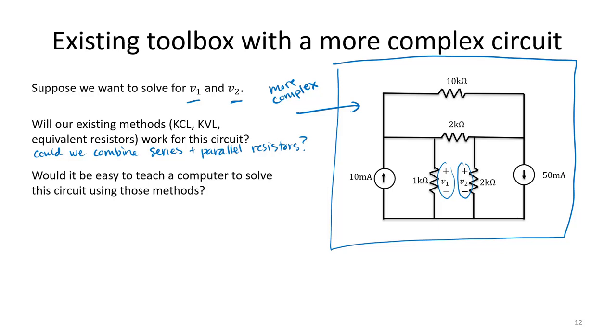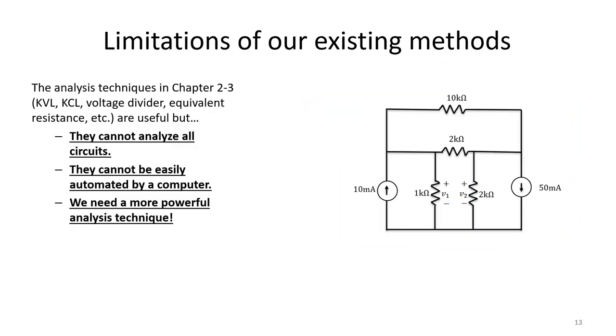So long story short, while our existing tools are useful, they cannot solve every circuit. So our existing methods have limitations. One limitation is that we cannot necessarily analyze all circuits using equivalent resistors and what we know so far.